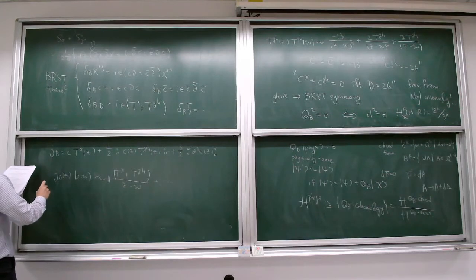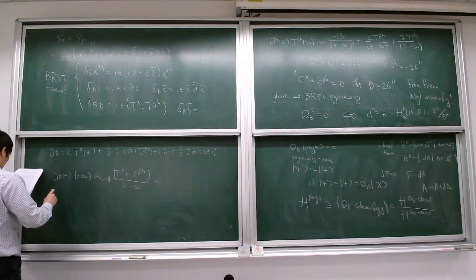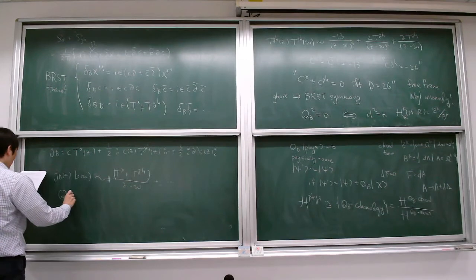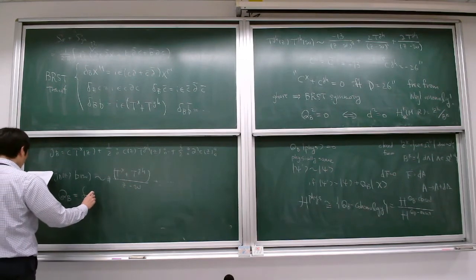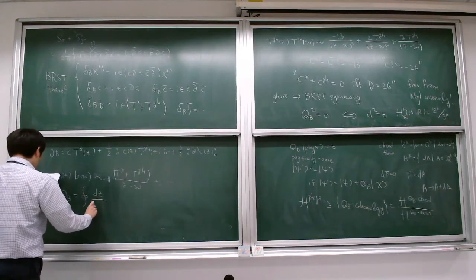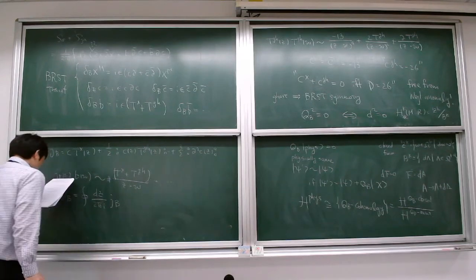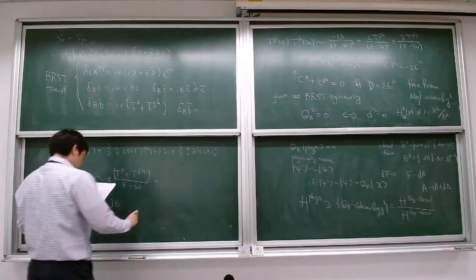In the last 10 minutes, I just explained how the physical state is constructed. So Q_B, the Noether charge, is just a circle integral, a spatial integral of the Noether current here.